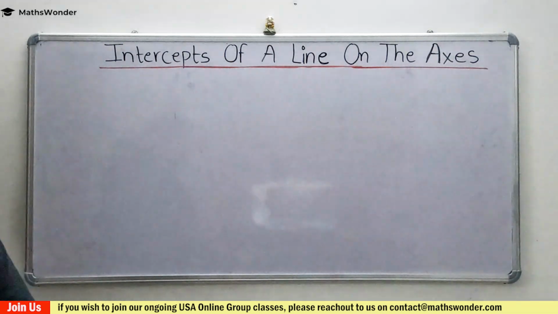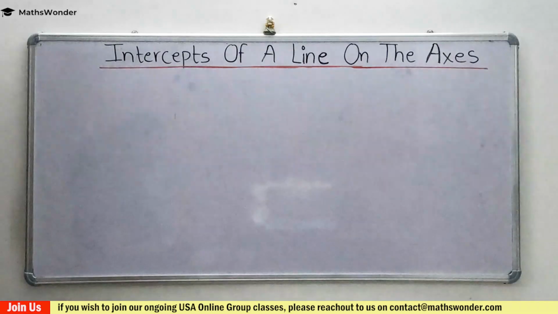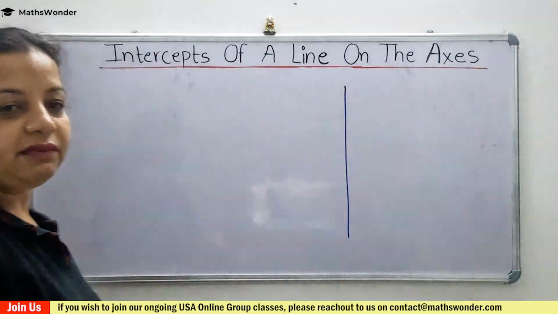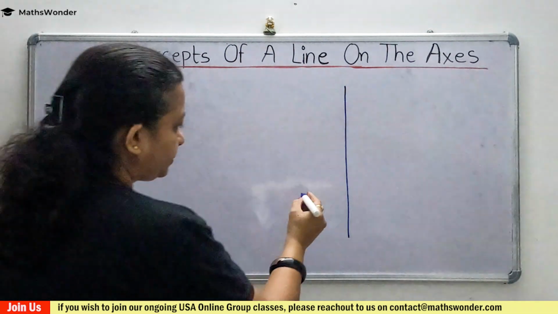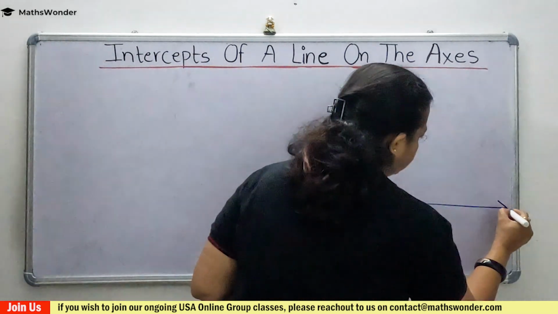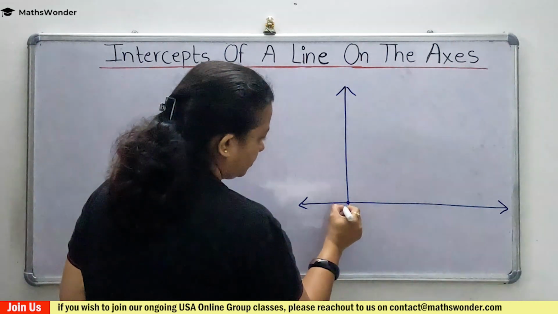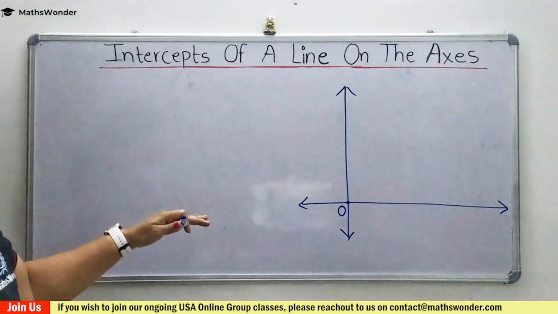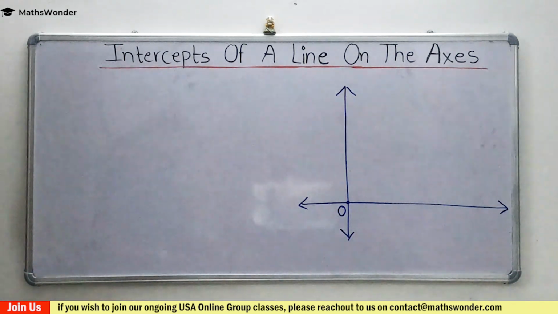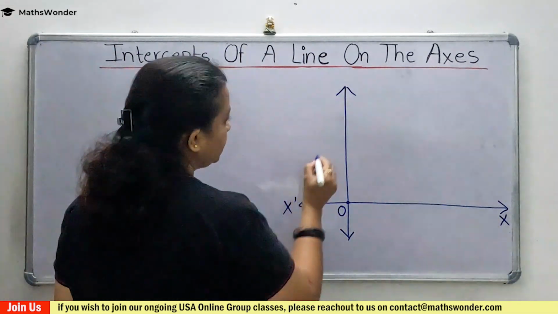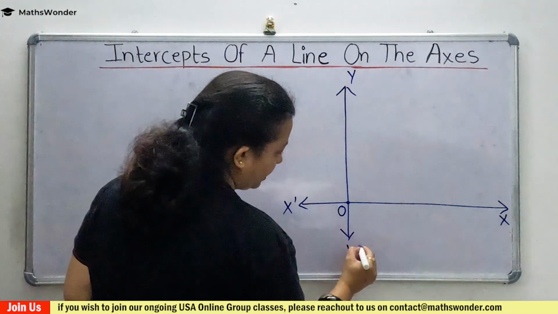Suppose first we will draw the axis. As you know, the x-axis and the y-axis, right? This is your X dash, Y, and this is the Y dash.